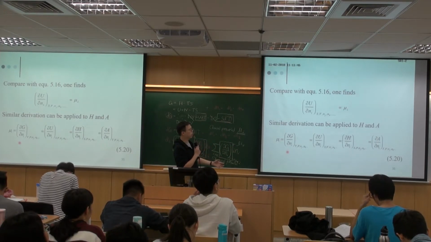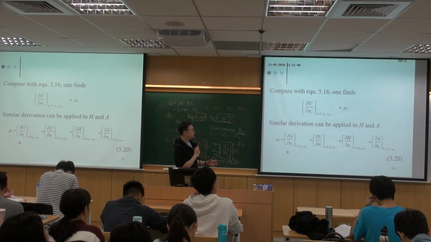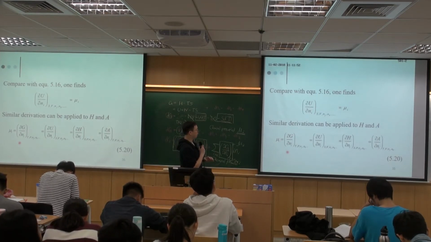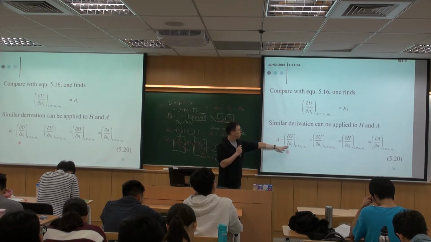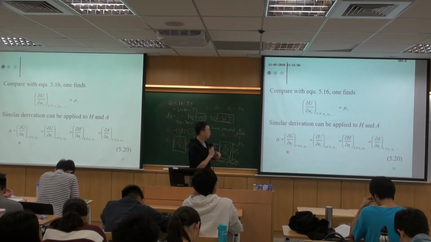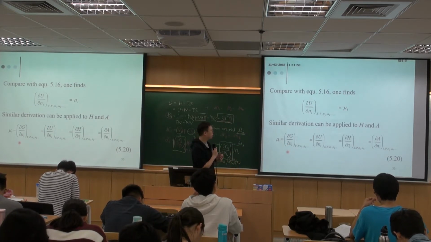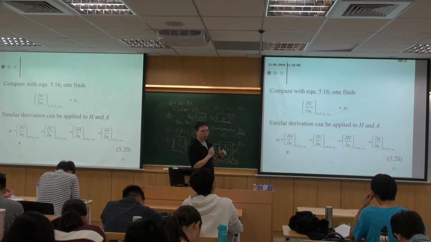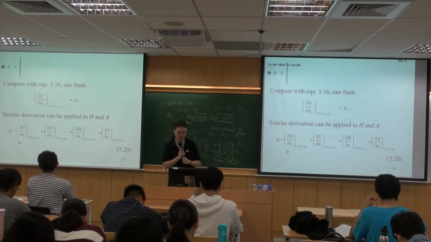If you're using internal energy, if you're using Helmholtz free energy, as long as you take the partial derivative against that certain chemical species number, or the mole number, you get the chemical potential of that certain species. So we'll come back to this derivation later.